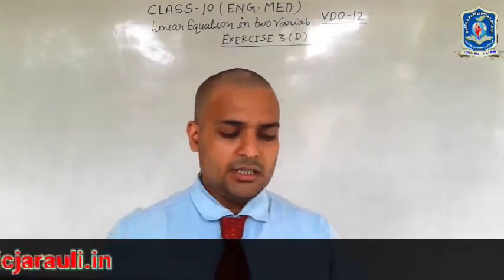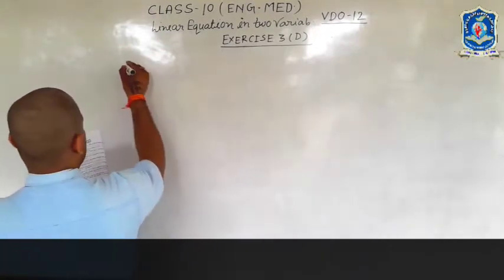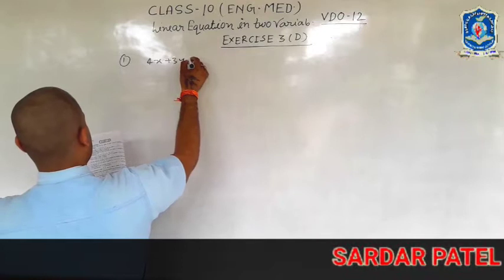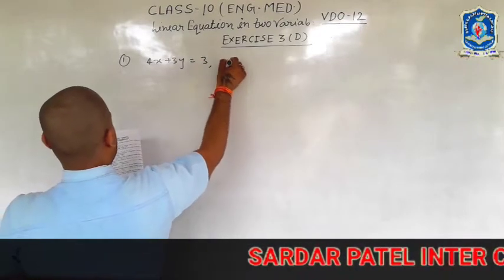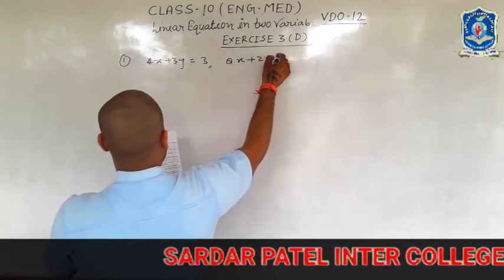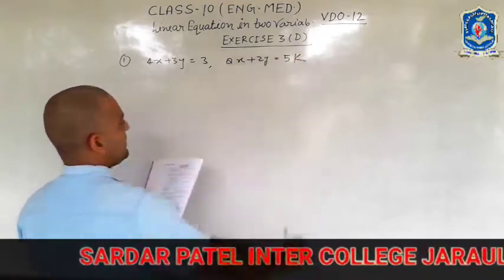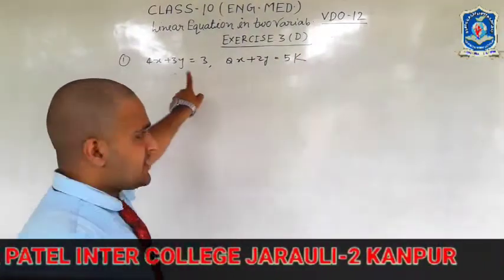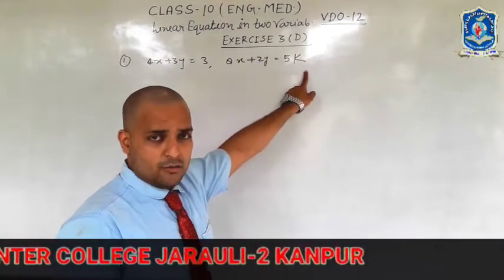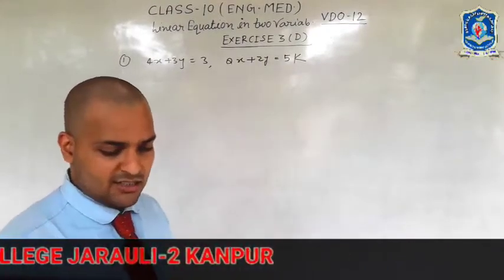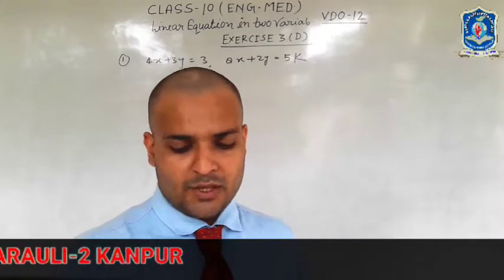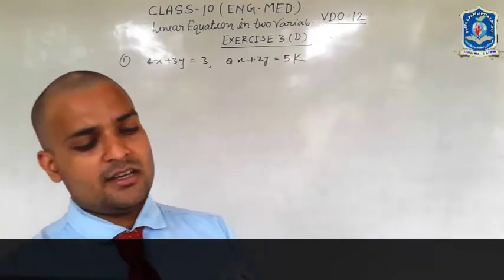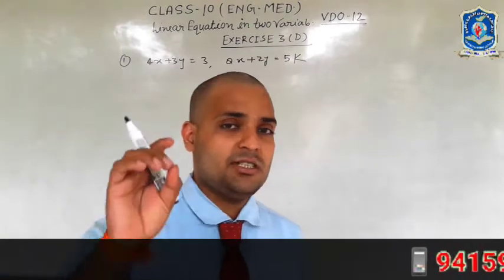And the first question, the two equations are 4x plus 3y is equal to 3 and x plus 2y is equal to 5k. We are solving these equations for the value of k. The question is saying: determine the value of k for which the system of equations has infinitely many solutions.